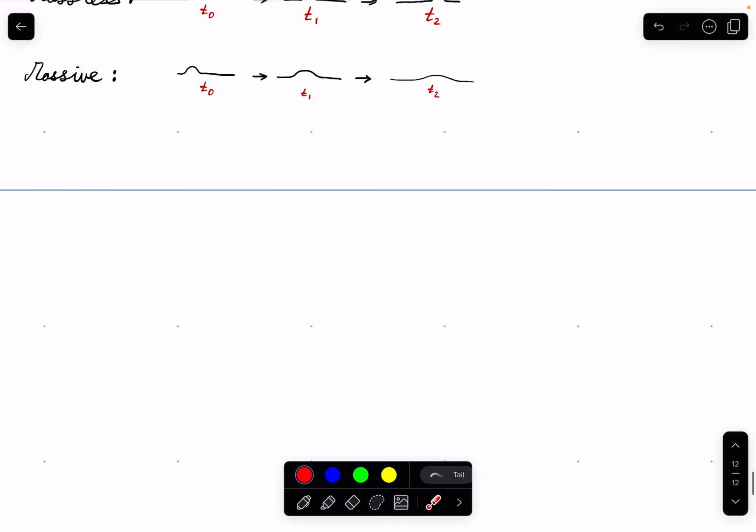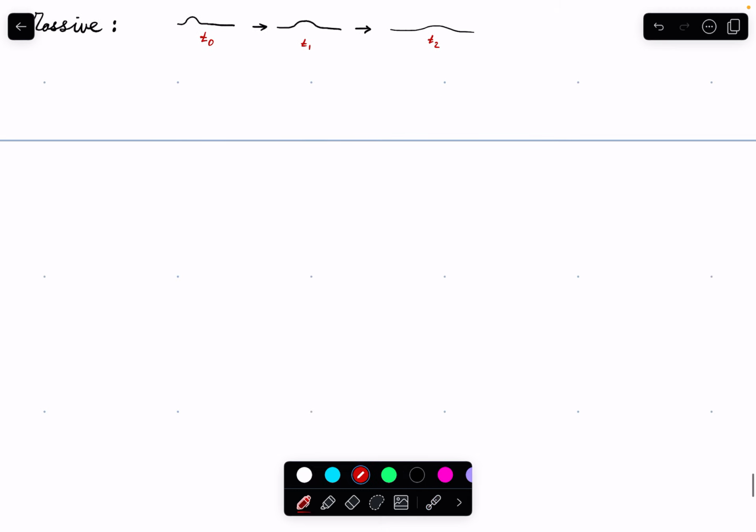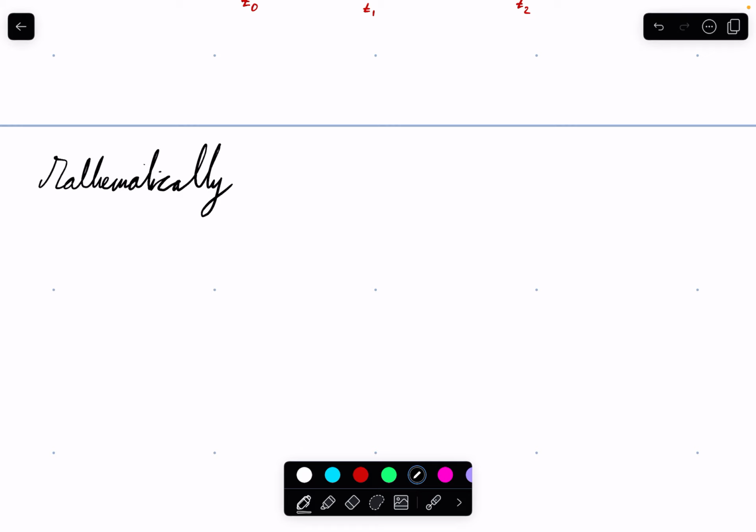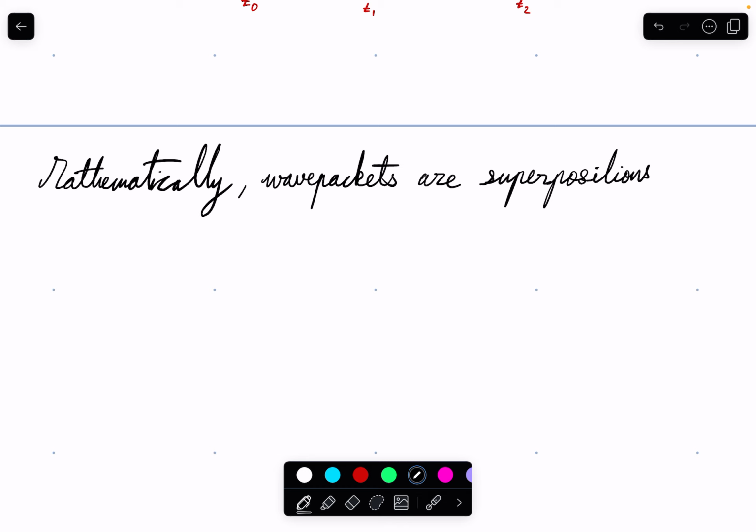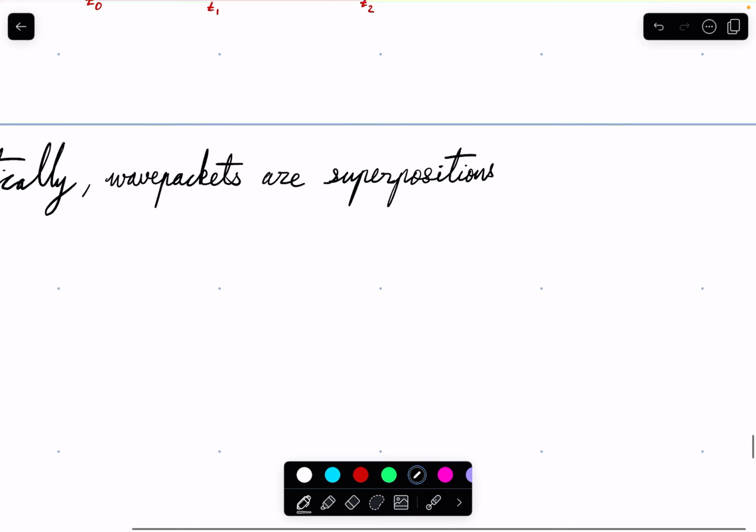So I'm sure you're wondering what wave packets are mathematically. Mathematically, wave packets are superpositions of plane waves.